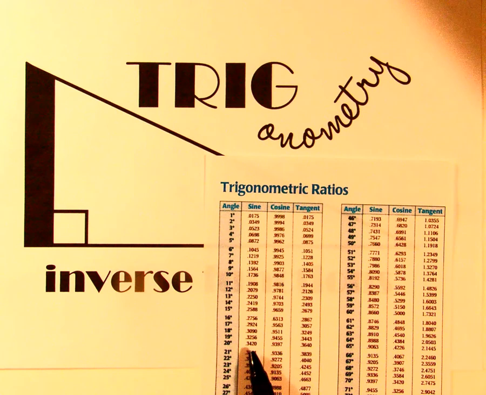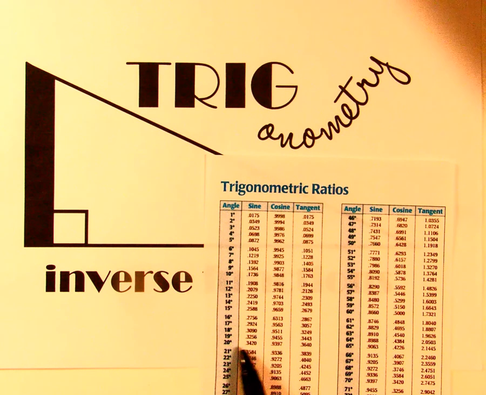But what if I worked out my ratio in my triangle and I saw that the ratio was 0.3420, and I knew it was a sine because it was the opposite over the hypotenuse? So I look here at 0.3420 and I would do it backwards and say, oh, it must be a 20-degree angle. Yep, it's a 20-degree angle.